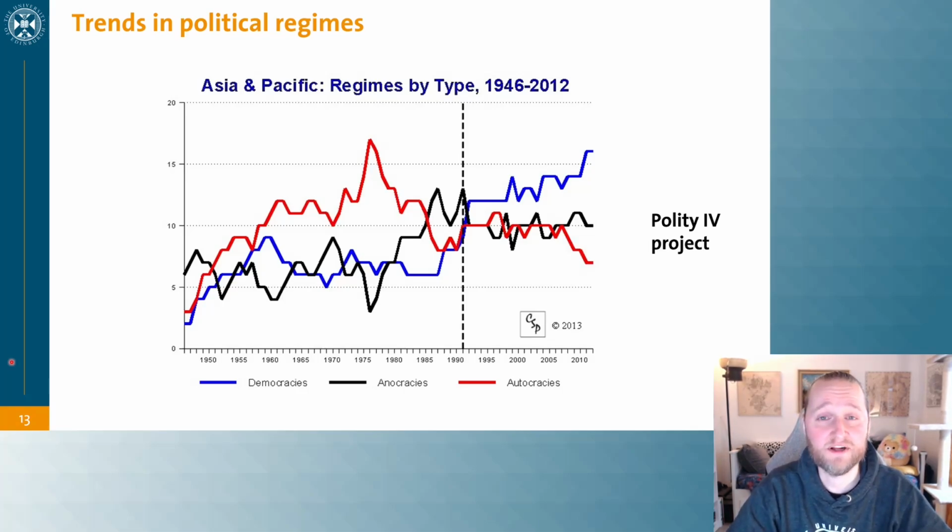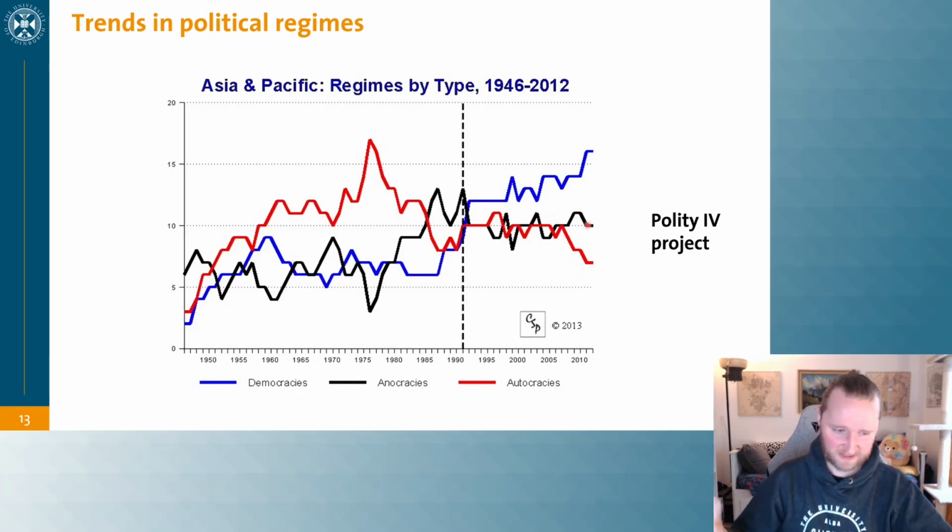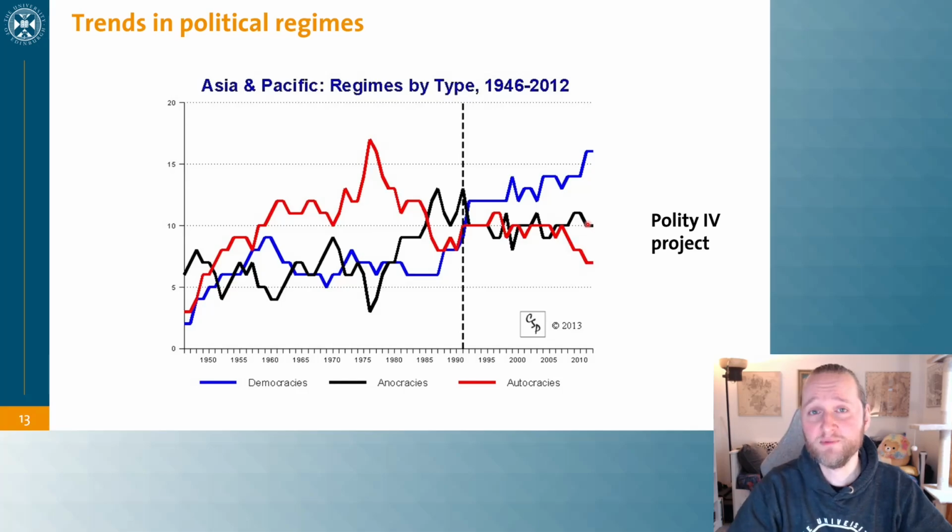Autocratic regimes can take a multitude of different shapes, but we can see that autocracies were clearly on the top, and it's really only been since the 90s that democracies have increased in number. But we also have a very big number of hybrid regimes, so regimes that might be on the way from one end of the spectrum to the other, or regimes that, for example, are called democratic but are only democratic on paper rather than functionally in reality.